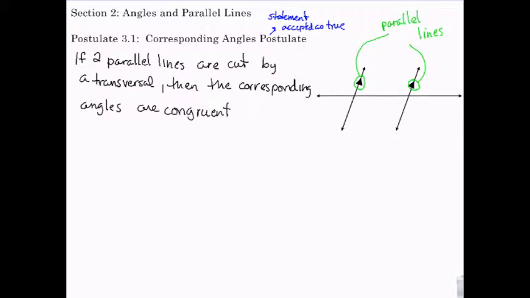Okay. So if we call these lines A, B, and C, what we'd have is B is parallel to C, A is a transversal.